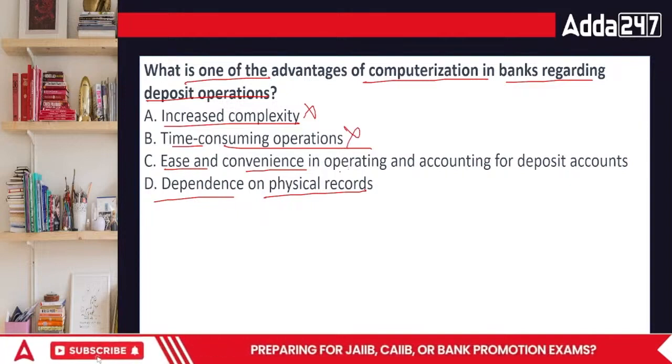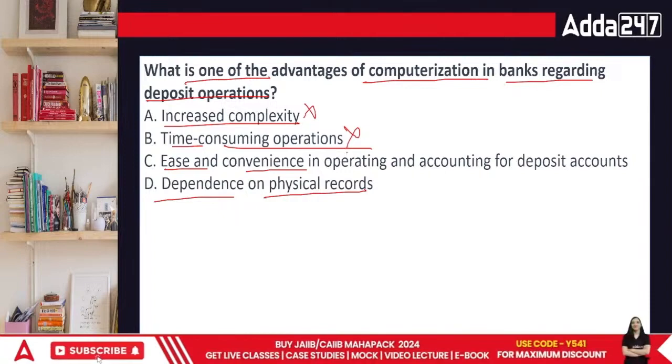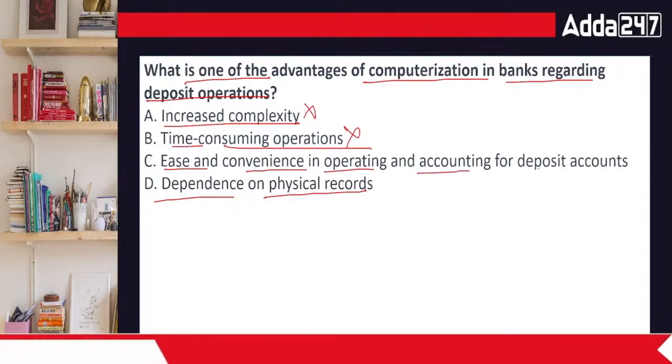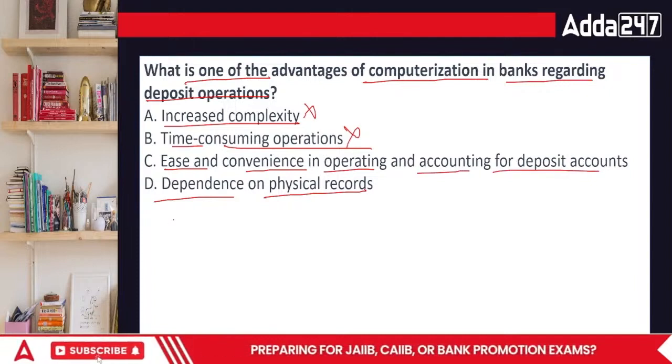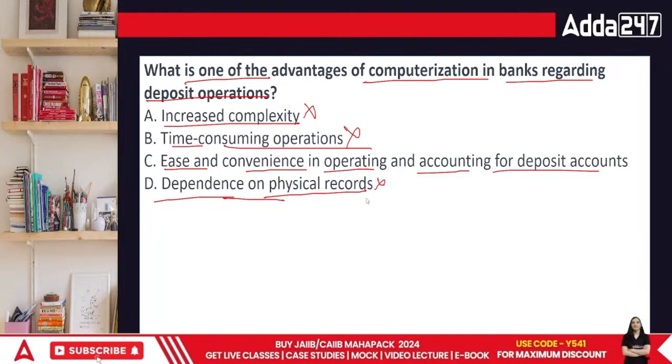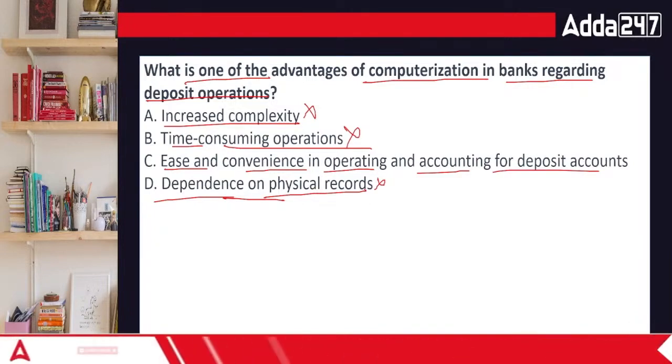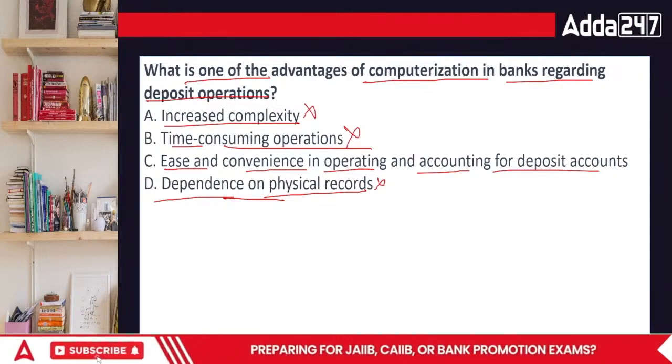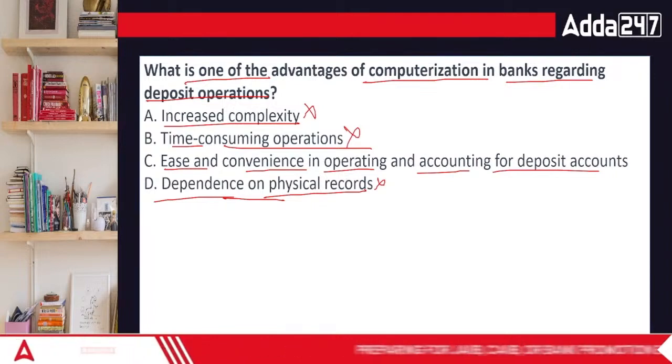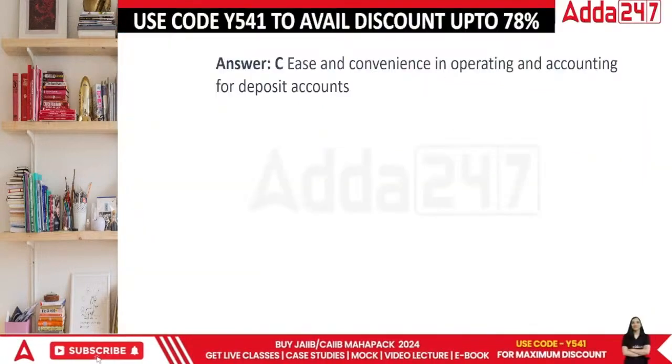Now one particular place is updated and the entire books of accounts are done within no time. There is no dependence on physical records. Due to these accounts, organizations can gather a lot of information and work in a better way. That is ease and convenience in operations.